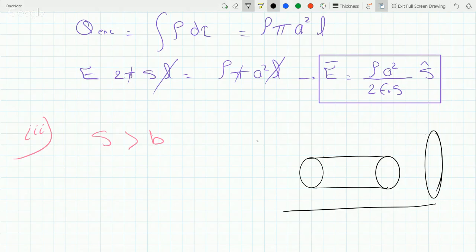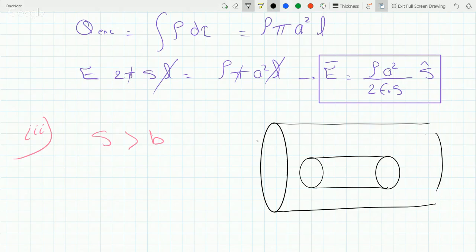Okay, now my Gaussian surface will be on the entire thing.